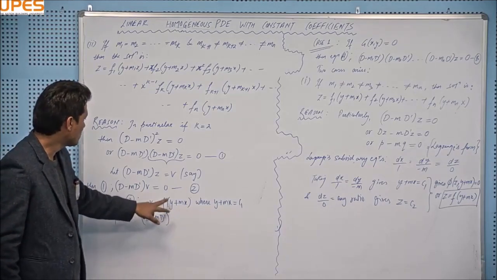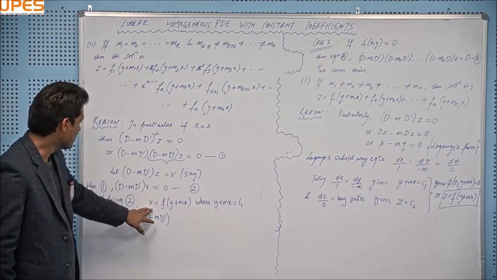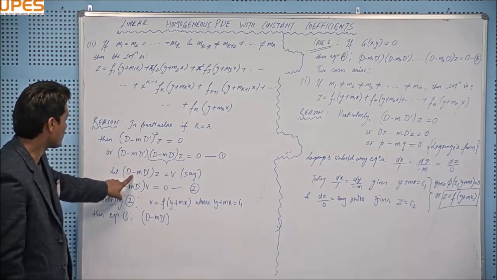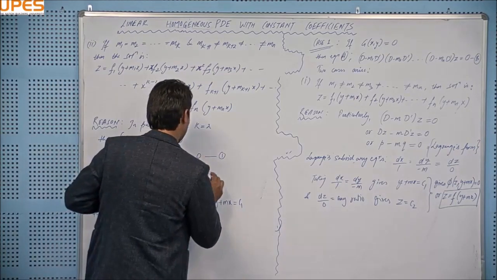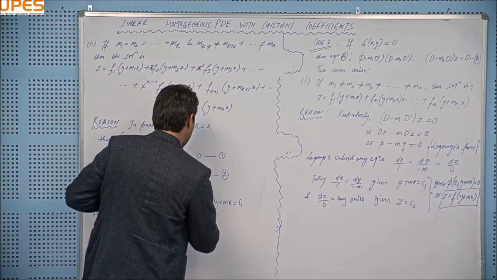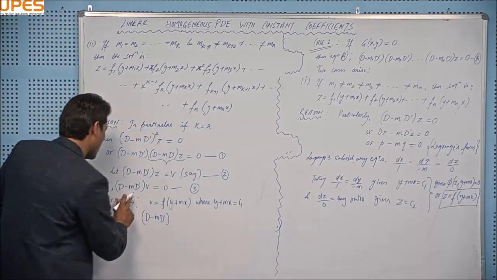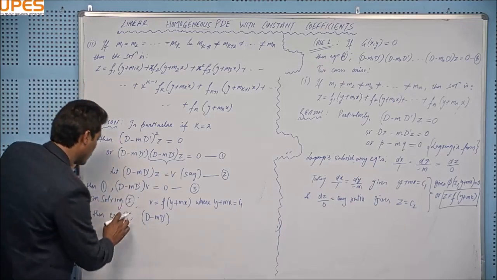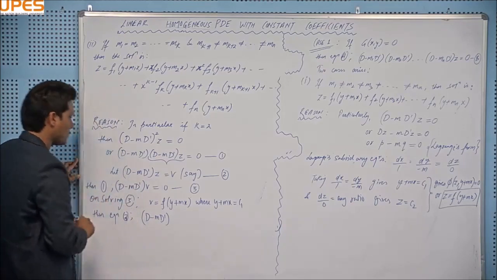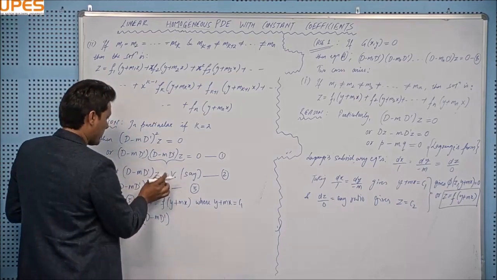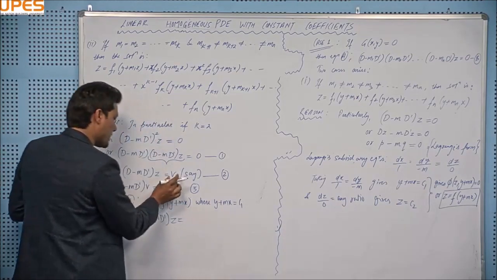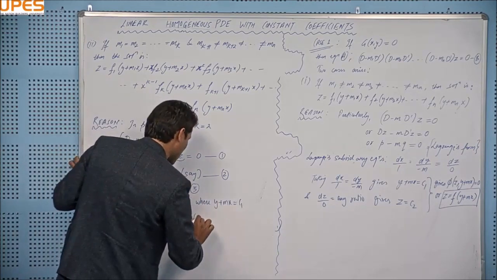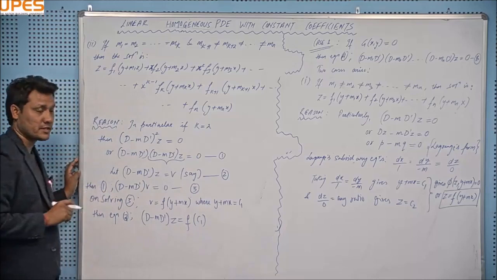If I put v equal to this thing, I have solved equation number 2. Let it be equation number 2, and this is 3. On solving 3, I should put it in equation number 2: (D − mD') z = small v, and what is my small v? f(y + mx), but remember y + mx is equal to c1.